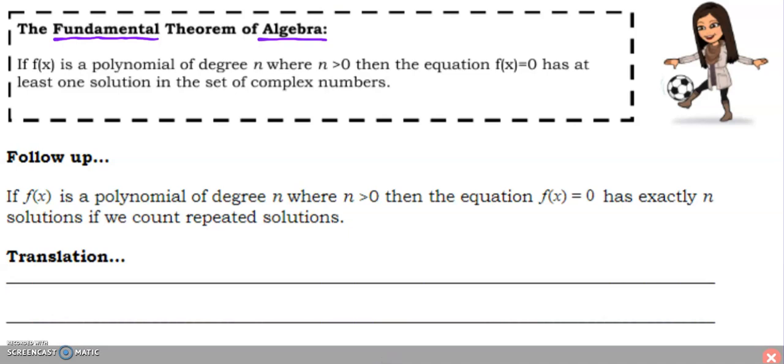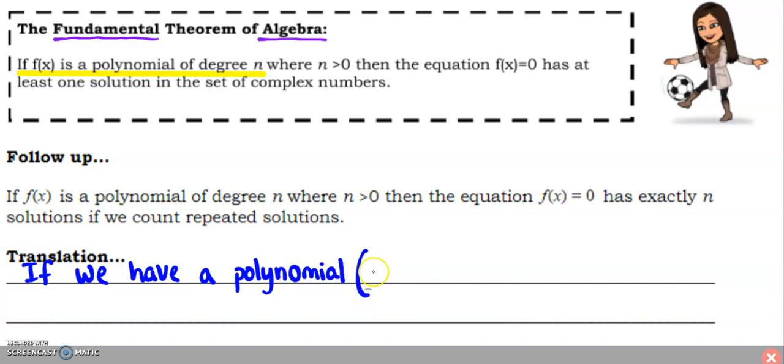Well, f of x is a polynomial of degree n. What that basically is saying is that if we have a polynomial, which, if you don't remember what a polynomial is, that basically means we're talking about an equation with a bunch of terms.